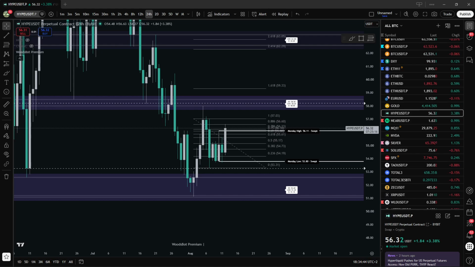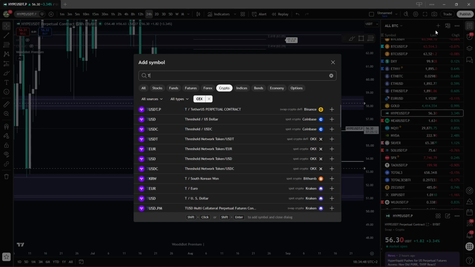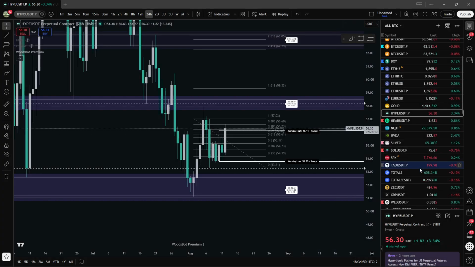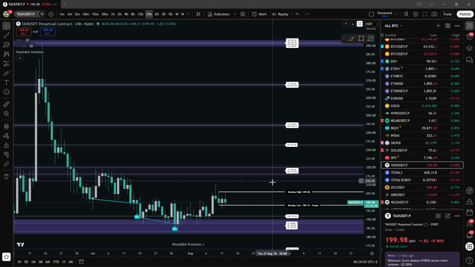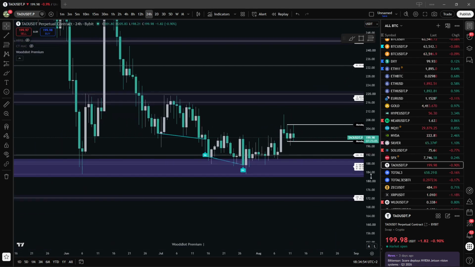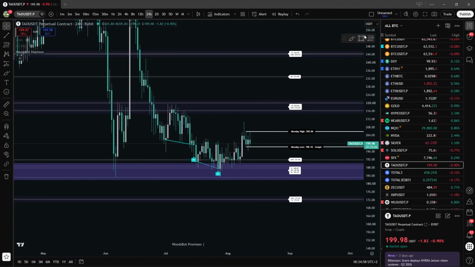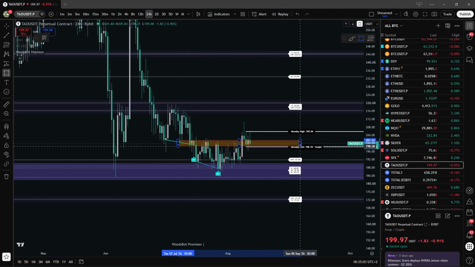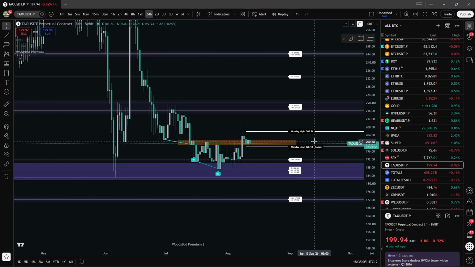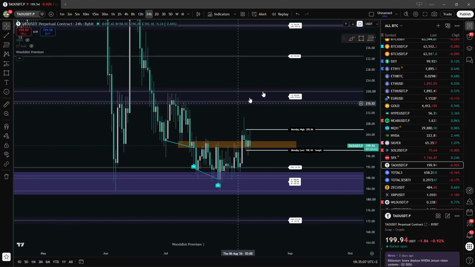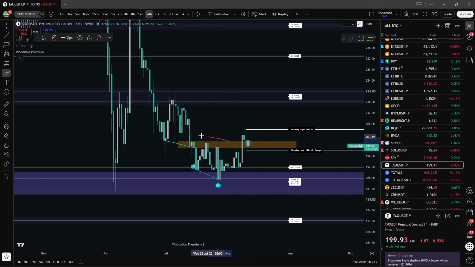Okay, let's have a look at Tau. It's nice to see Tau accepting above the resistance right here.